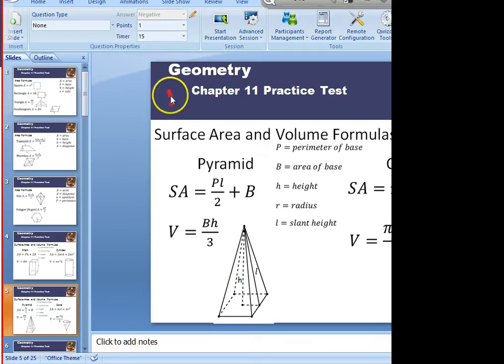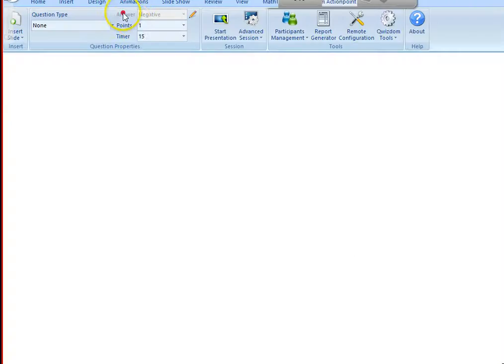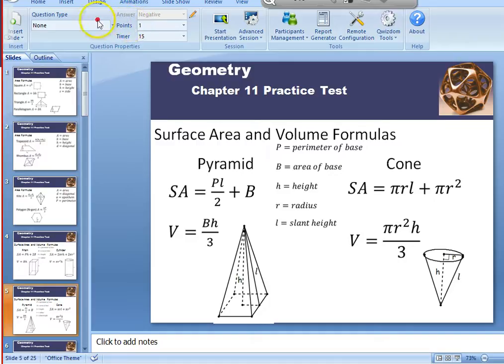I still have this, which is no good. It's still close. Let's see what it is. Let's try this one out.